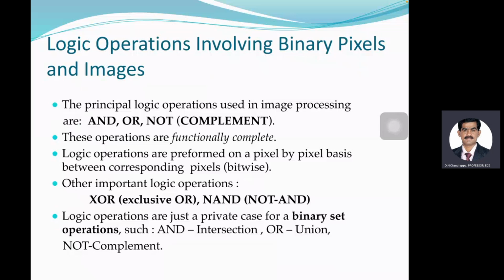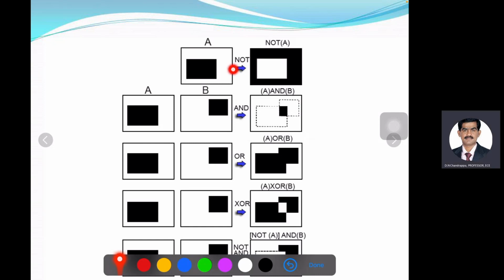See here some examples. NOT gate, the first one. Please look at that NOT gate. It becomes the inverse, which means that white will become dark and black will become white.